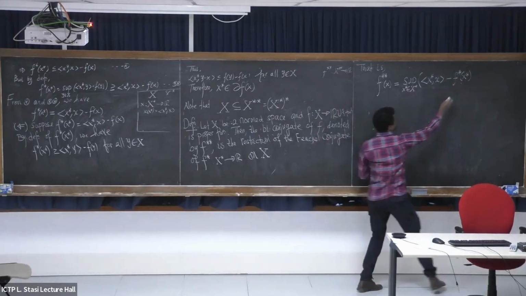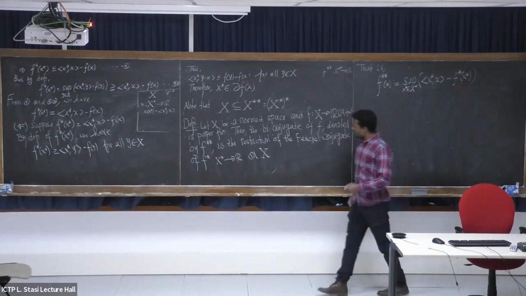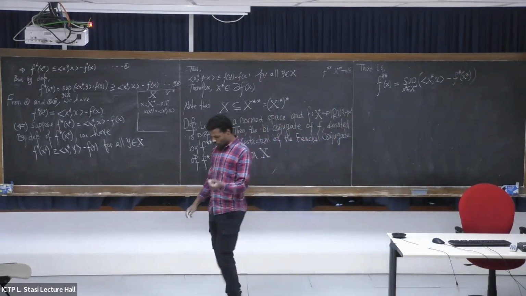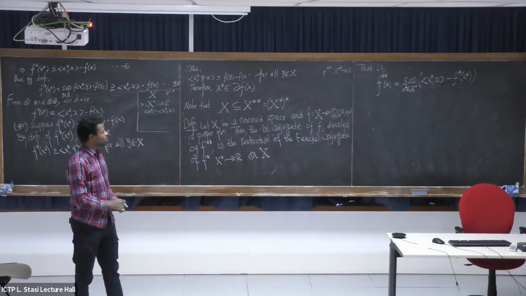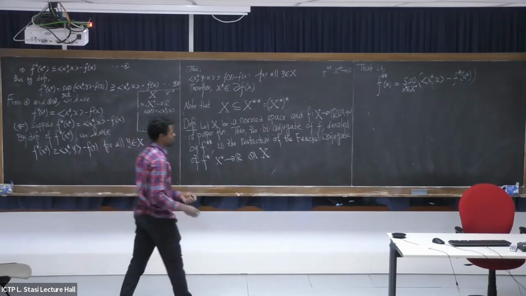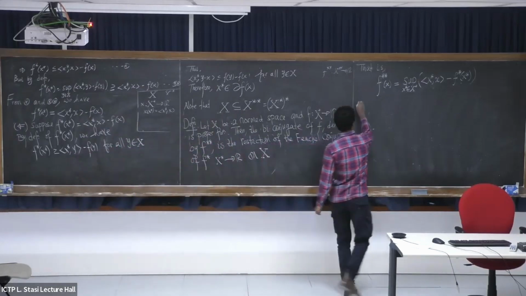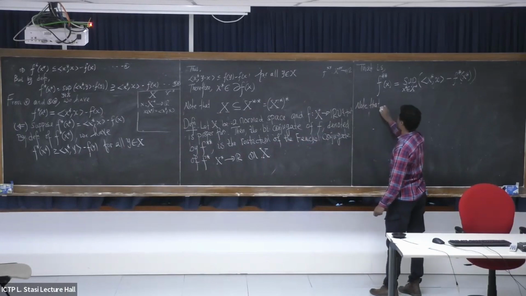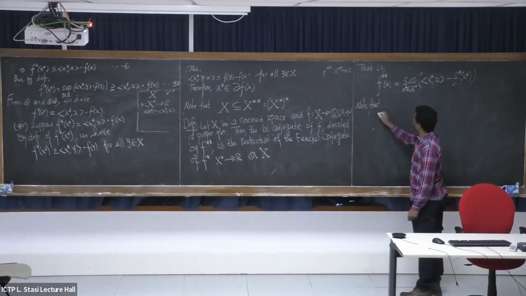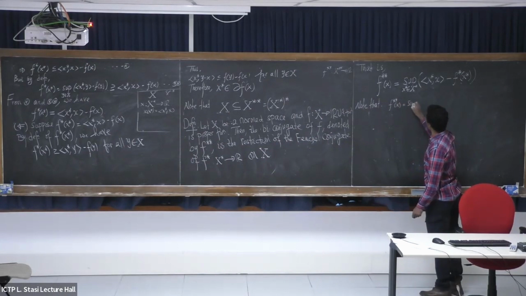The Fenchel biconjugate is this. F star star of x is equal to the supremum over x star.